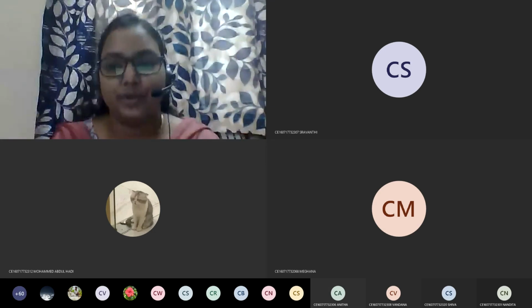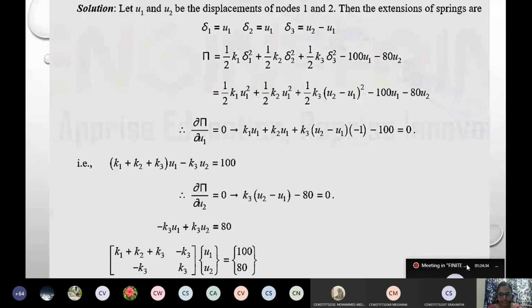See, the thing you have to understand is we are clearly indicating U terms for the nodes, which are displacements, and delta terms for the springs, which is the extension or the compression, the deformation that happens in the spring. So please do not get confused.